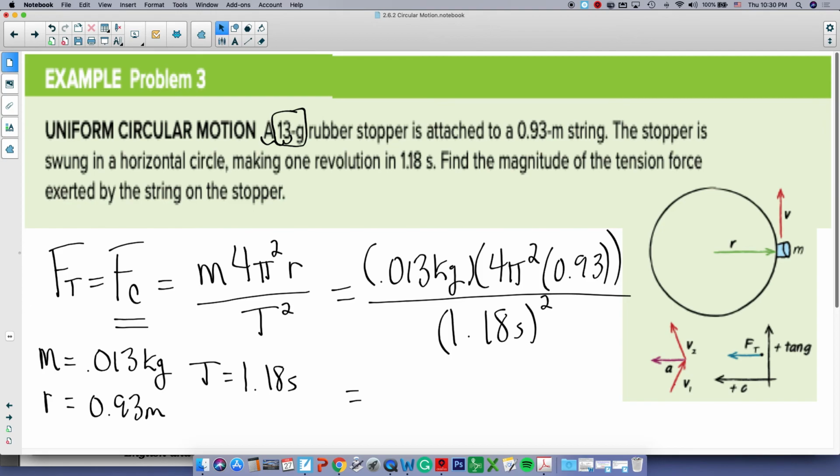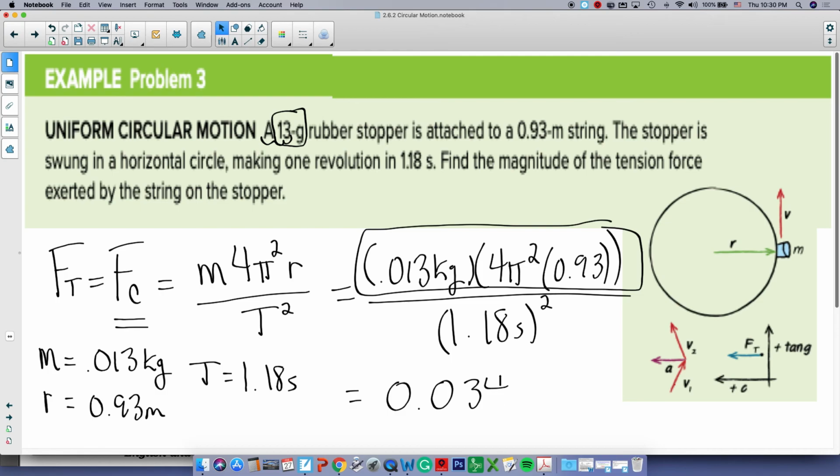I would do the whole top first and then press enter, and then divide it by the bottom. That'd probably be the best way to make sure you didn't make a mistake in the calculator. So 0.013 times 4 times pi squared, the square button is 2 down from pi, times 0.093, and then I'm going to press enter and divide that by 1.18 squared. And I get 0.034.